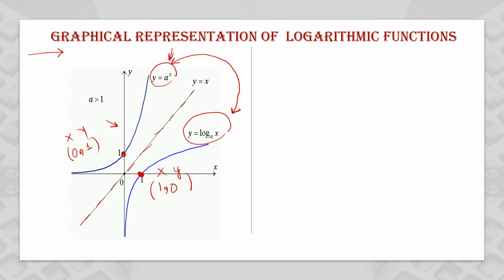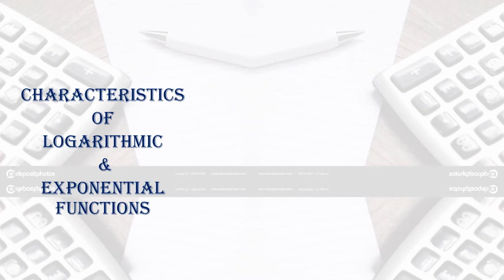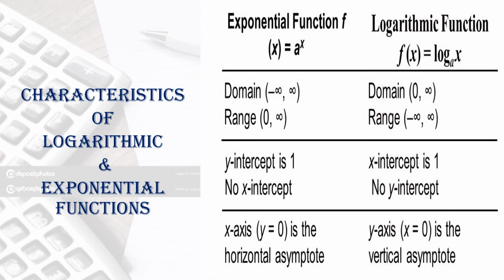So the characteristics of logarithmic and exponential functions. You can say that the domain of the exponential function is all real numbers, whereas the range is starting from 0, 0 is not included, and the y values keep on increasing. But the domain of the logarithmic function is 0 to infinity, because log of 0 cannot be determined.